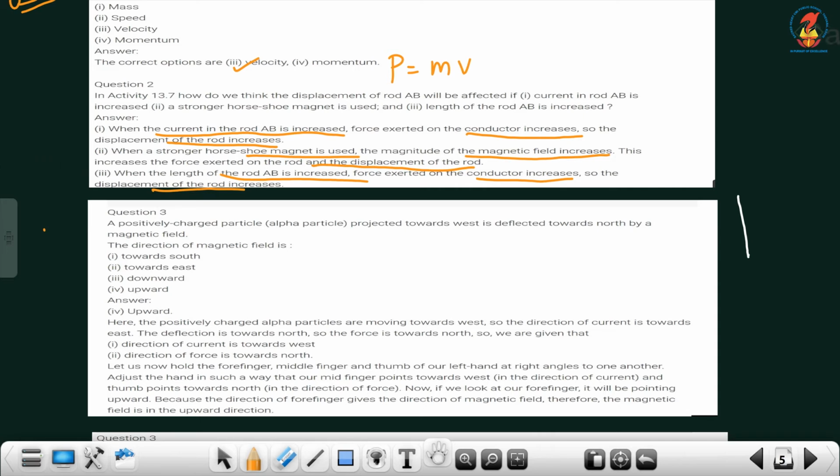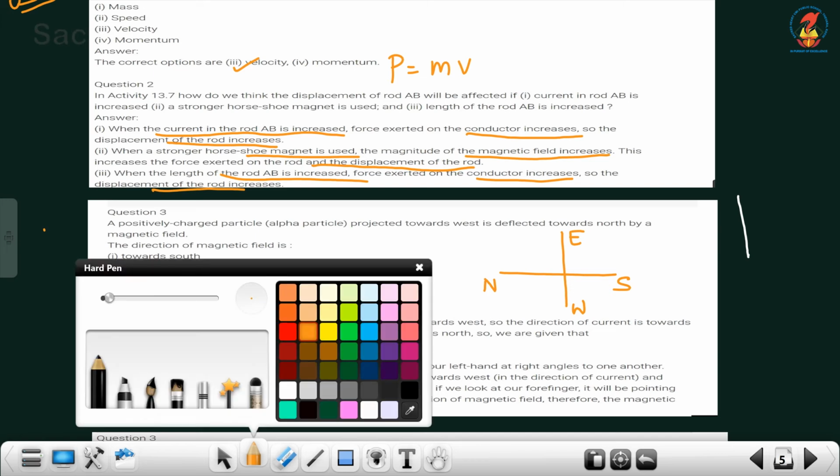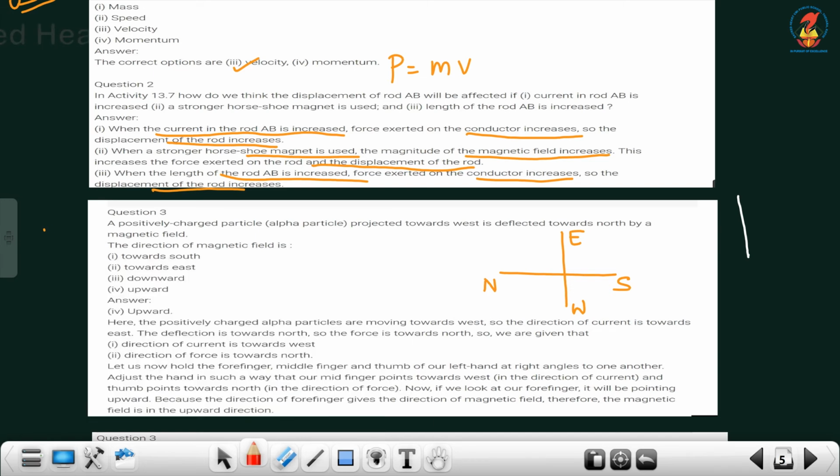So if I draw a diagram like this, east, west, north, south. This one is the east direction, west direction, north, south direction. In which direction is the alpha particle projected? The alpha particle is projected in this direction, the west direction.